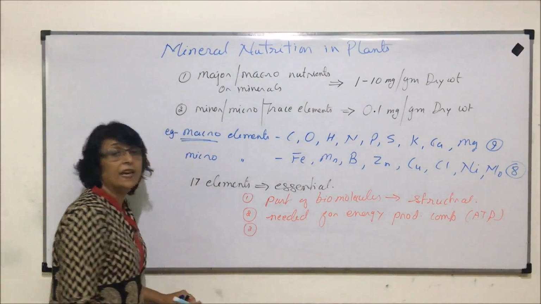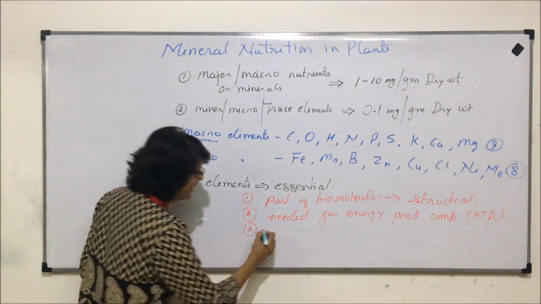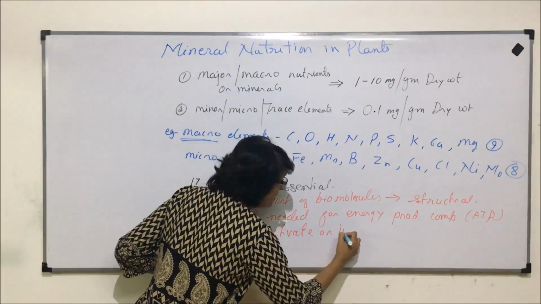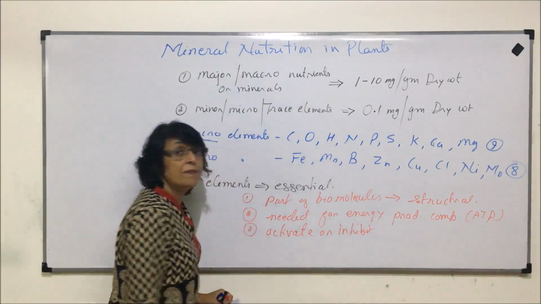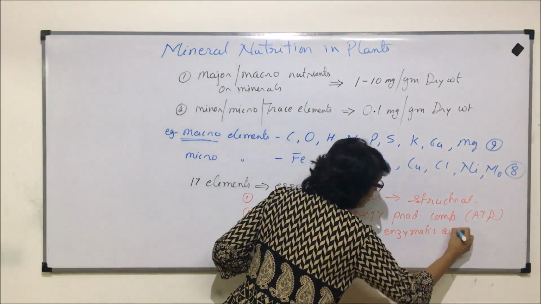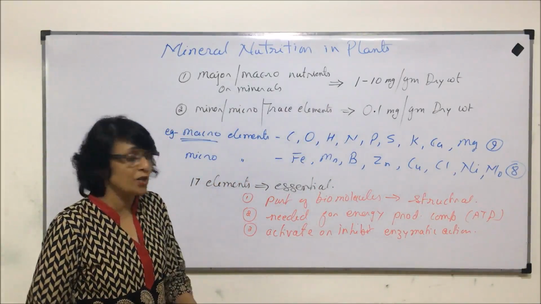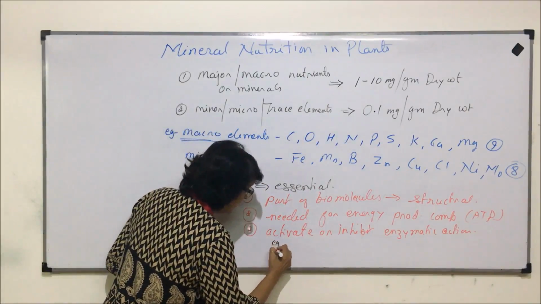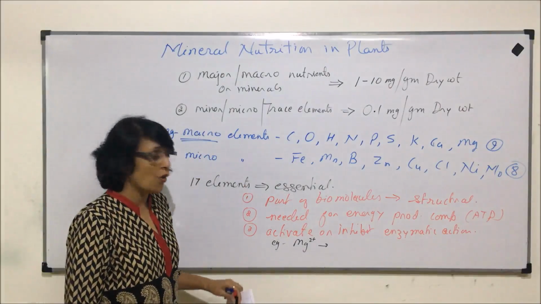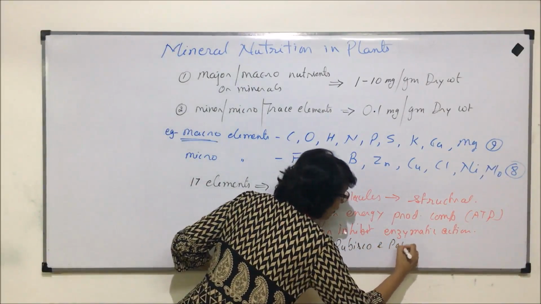The third reason why they have been considered as essential is that these elements activate or inhibit enzymatic action. And we can take a couple of examples here. That is magnesium ion. Magnesium ions help in the activation of RuBisCO and PEPcase.